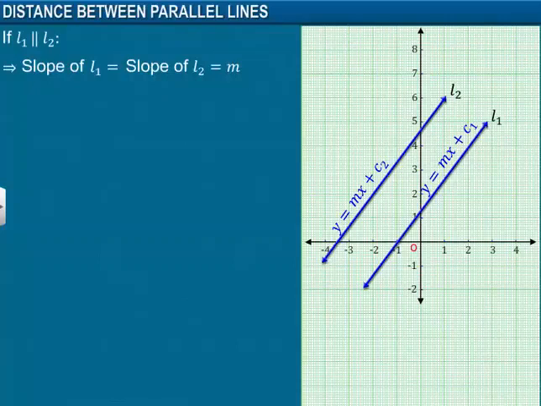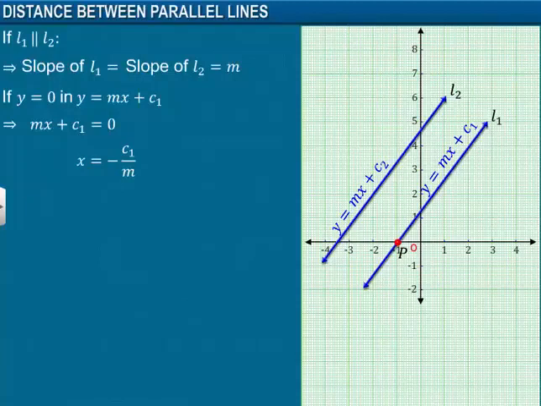Let line L1 intersect the x-axis at point P. Since point P lies on the x-axis, its y-coordinate is equal to 0. Substituting this value of y in the equation of line L1, we get the x-coordinate of point P as -c1/m.